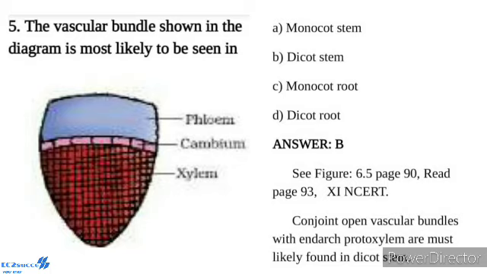When a collateral bundle is without a strip of cambium, it is said to be closed bundle. Example, monocot stem. So the correct answer is option B. Conjoint open vascular bundles with endarch protoxylem are most likely found in dicot stem.